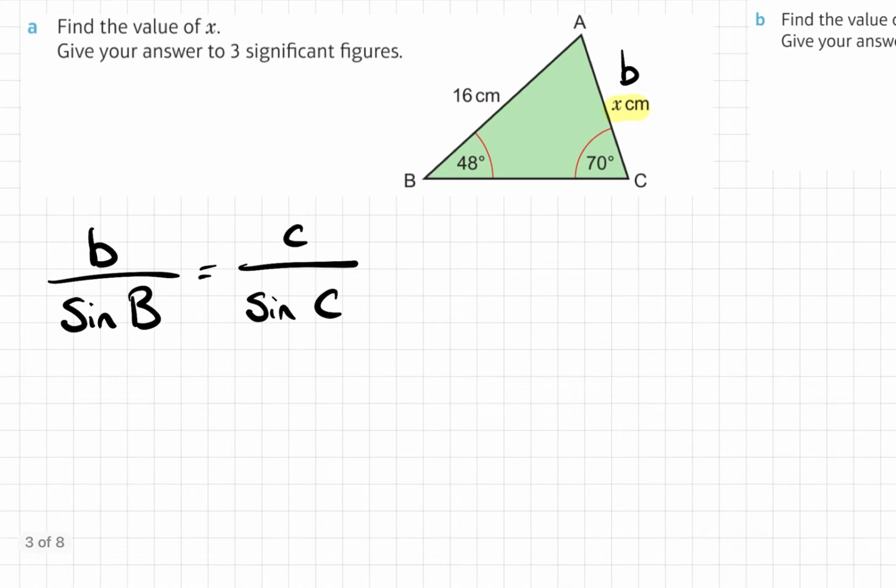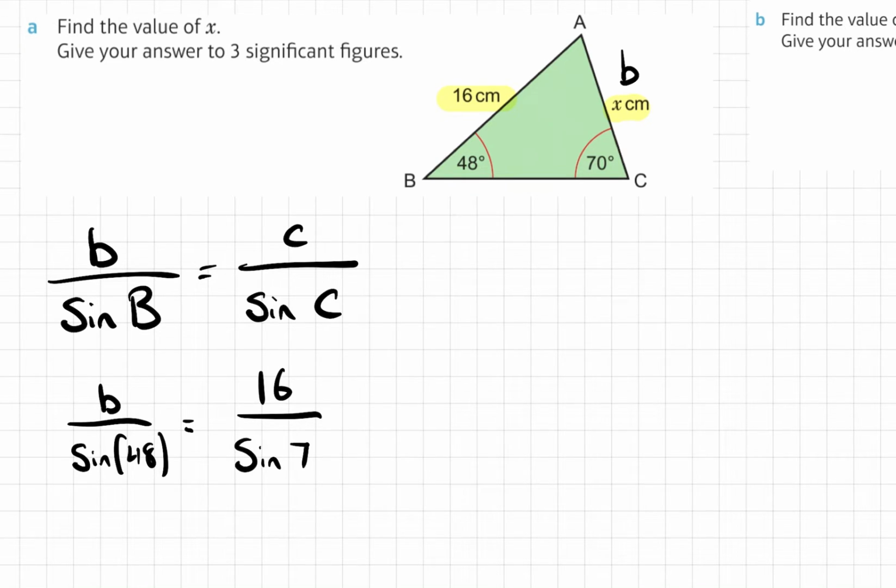We don't know what b is. We know what sine B is. So b over sine of 48 equals, what's c? I can see that c is 16, 16 over sine of angle C, which is 70.